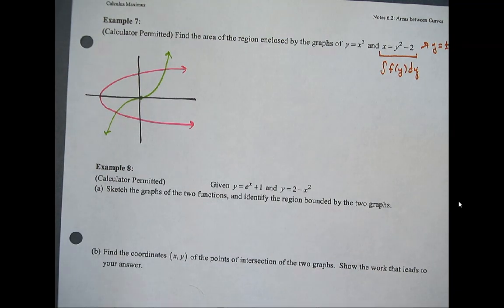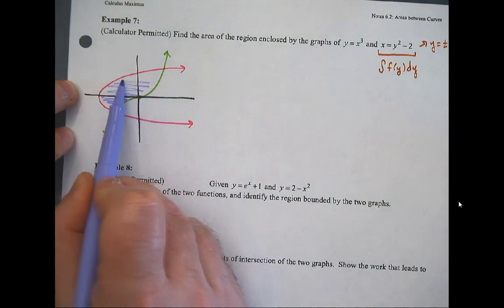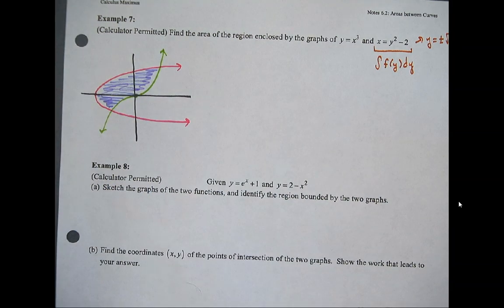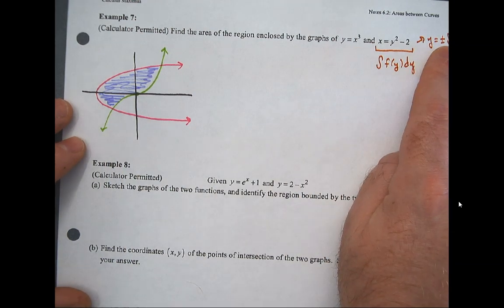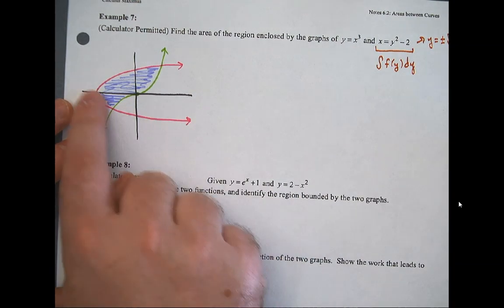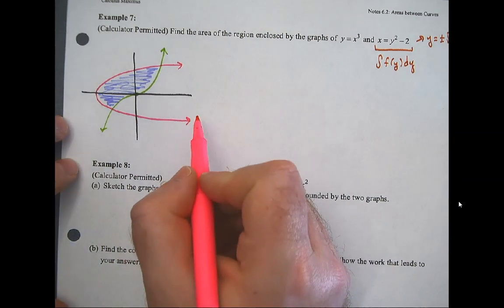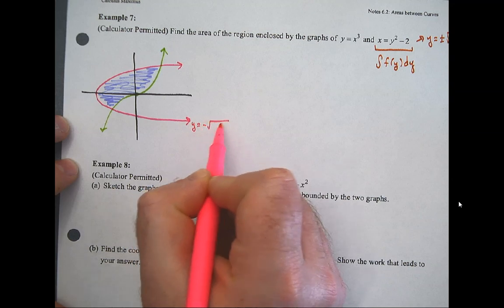Okay, so my region. Now you can integrate this according to x if you want to. Feel free. If you're going to integrate according to x, this graph is y equals the negative square root of x plus 2.